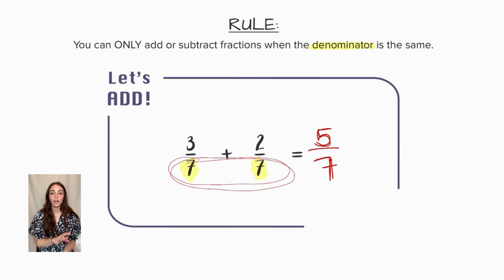Now, before we are completely done with any math problem, we really want to ask ourselves two things. One, is this the number that the question was asking me for? And then, is this the most simplified form of this number? And in our case, a fraction. So can we shrink 5/7 down into anything smaller?